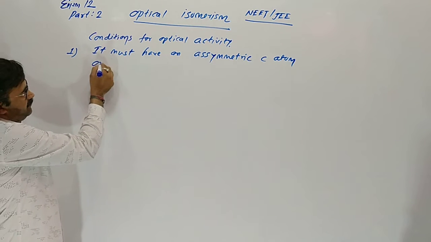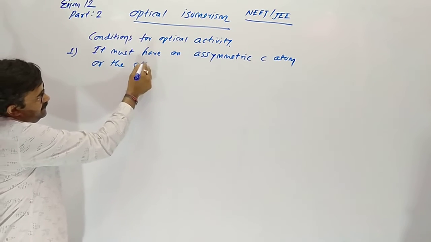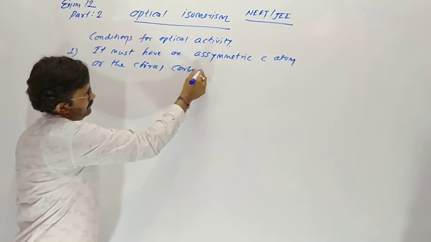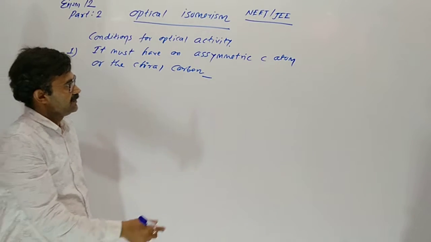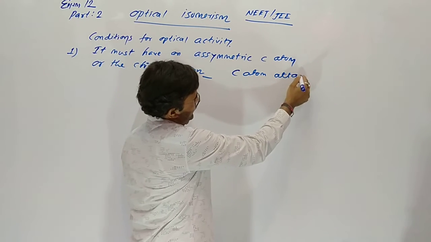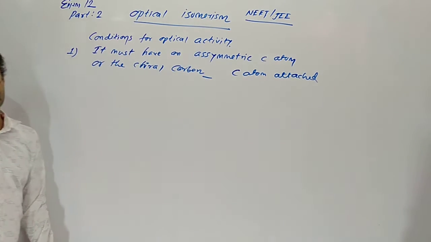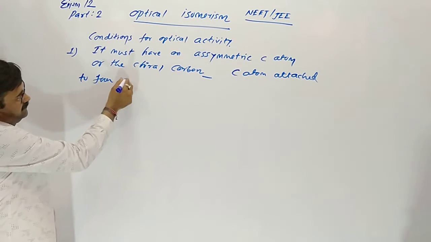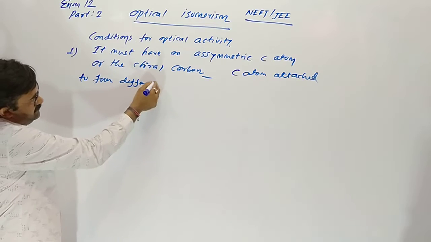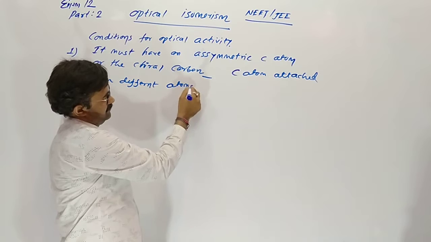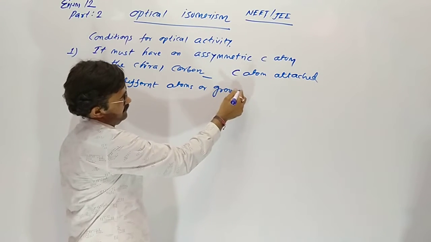Another name is the chiral carbon or stereocenter: a carbon atom attached to four different atoms or groups.